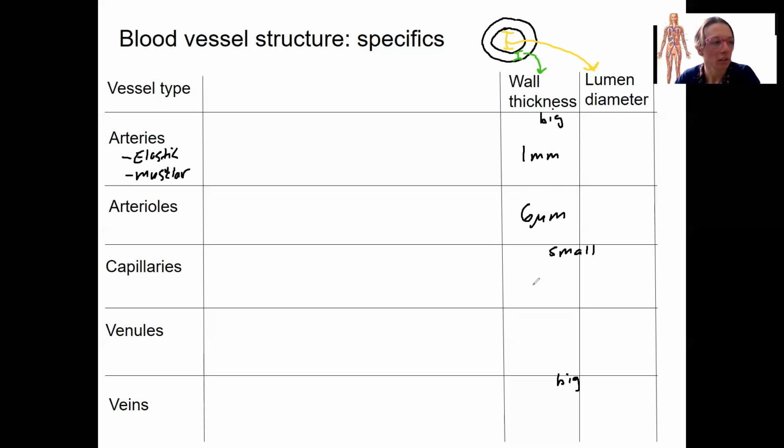Then we've got capillaries. These are going to be, thickness is 0.5 micrometers, even thinner, back to 1 micrometer. So still a lot smaller than those arterioles, and then 0.5 millimeters.